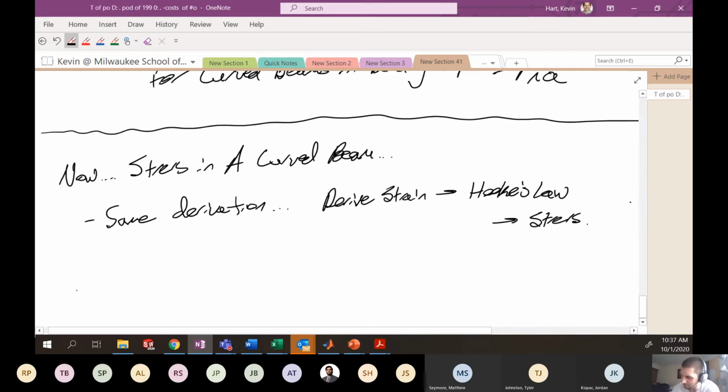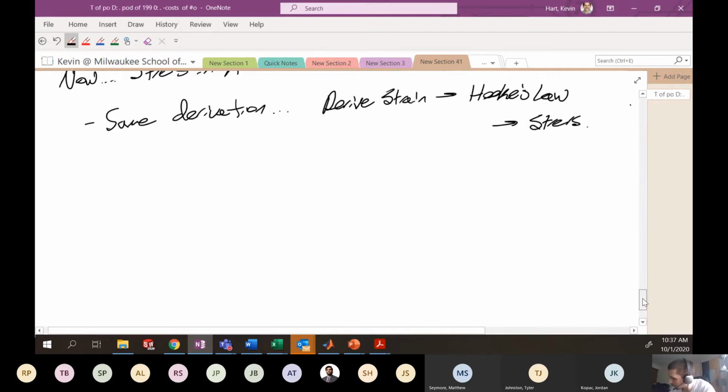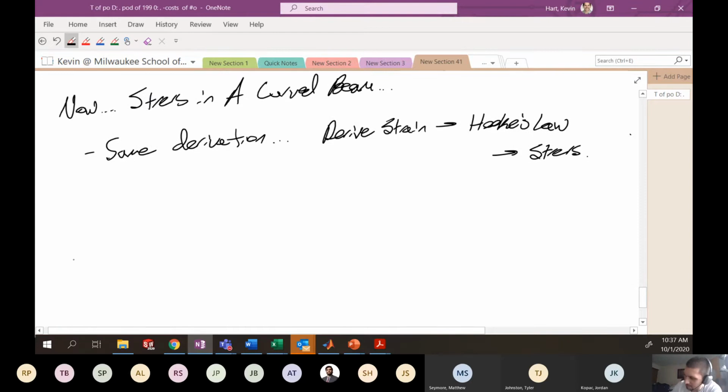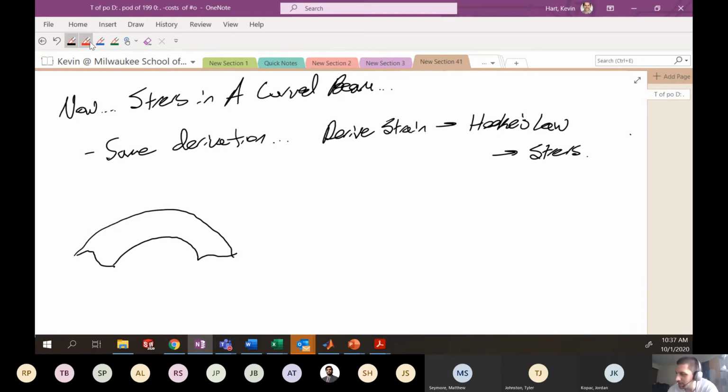All right, so let's look at a curved beam and what we're going to do here. So remember a curved beam? We've got this going on, and we're going to look at just one section of that curved beam. Just like before.